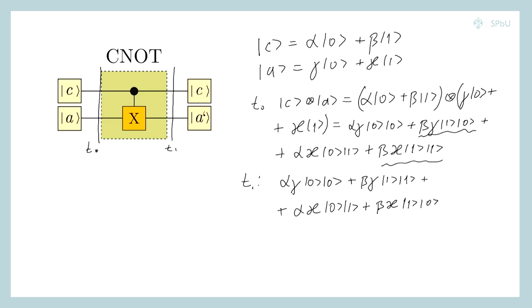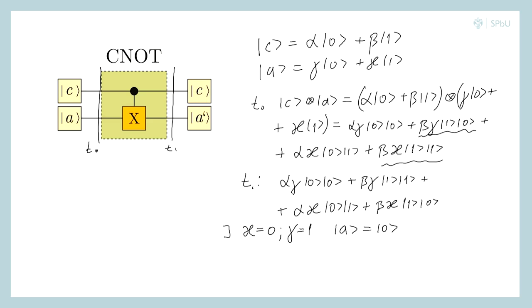So let's now consider an example and assume that kappa equals 0 and gamma equals 1. It corresponds to the situation when qubit A is in the state 0.